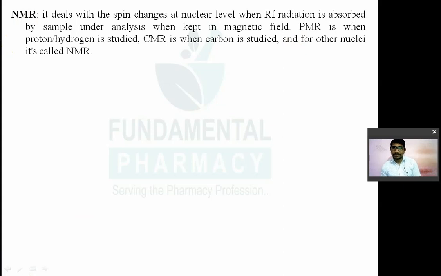If your radiations cause changes or transition in the vibrational and rotational energy of your molecule, then it is infrared spectroscopy. Likewise, these radio frequency radiations interact with the atomic level of your molecule, the atomic level of your compound.